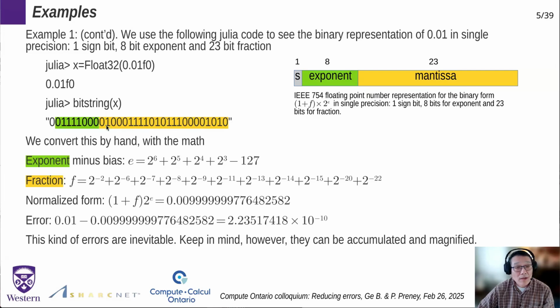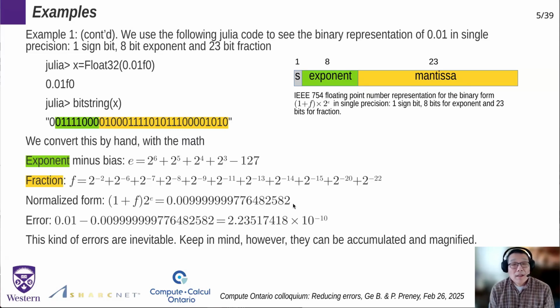So the first one is 2 to the power of -2. The next one is 2 to the power of the next, -6, and so on and so forth. And then we calculate this fraction part f. And then we get this normalized form, 1 plus the fraction f, times 2 to the power of the exponent. And then this gives us the value that we see from the C code.